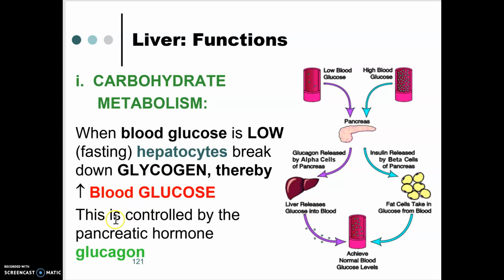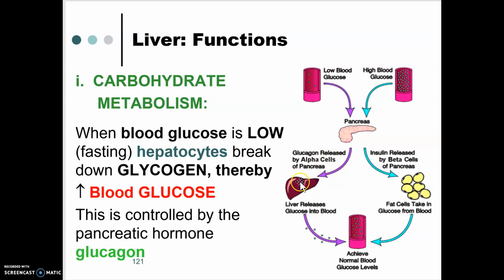This whole metabolic pathway is controlled by glucagon, which is a hormone that you guys talked about last semester, produced by the pancreas. So if we look at the figure over here, we're talking about a case of low blood glucose level. When those glucose levels decrease, a message is received in the pancreas that there's low blood levels. It releases a hormone called glucagon.